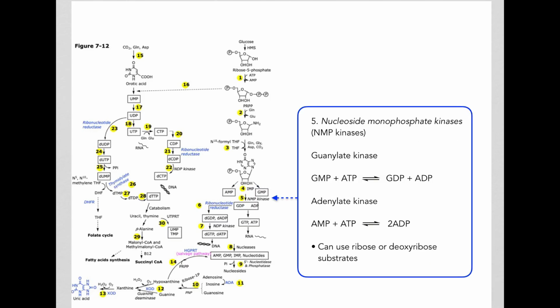Once the AMP and GMP is formed, it can be converted into its diphosphate. So GMP can be made to GDP, AMP can be made into ADP, and this is carried out by the enzyme nucleoside monophosphate kinases. These NMP kinases can use nucleotide substrates where the sugar is either ribose or deoxyribose.